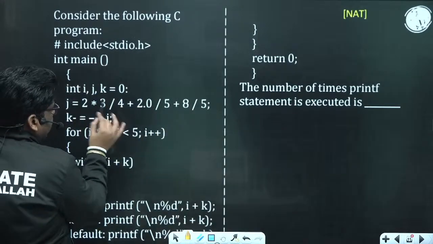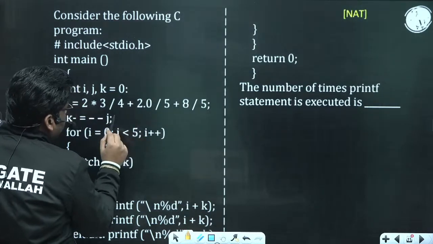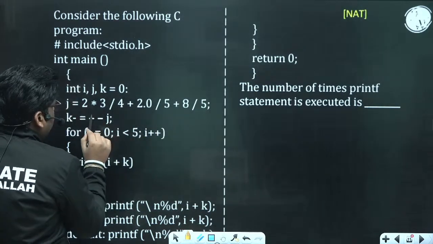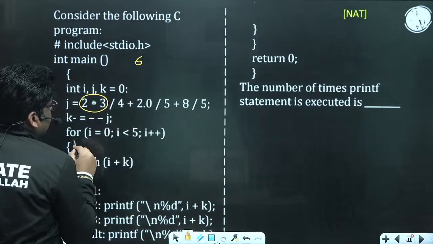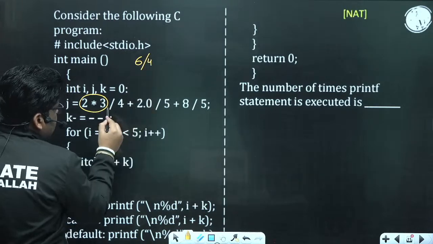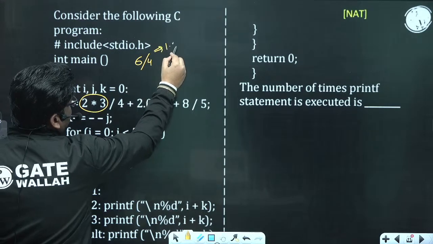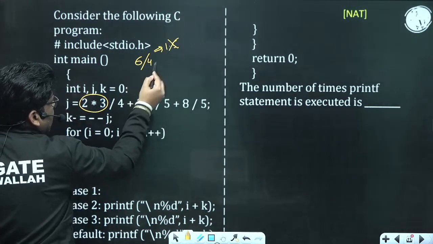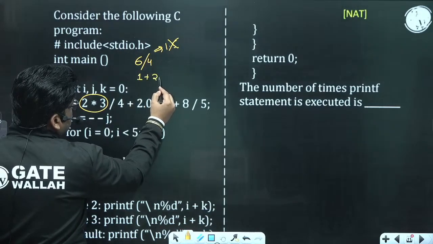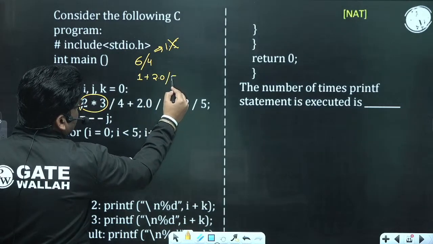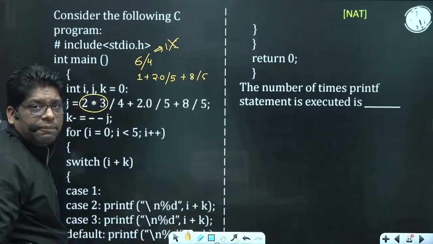First of all, because the priority of multiply and divide is same and associativity is from left to right, first of all this will be evaluated. The answer is 6. Then this division will take place. Actually the answer must be 1.5, but because both of them are integer, the value is 1. So now we have 1 plus 2.0 divided by 5 plus 8 divided by 5. Okay, sir.